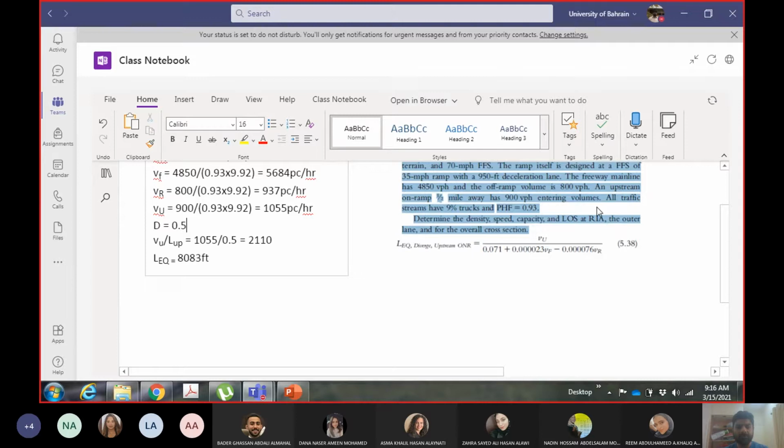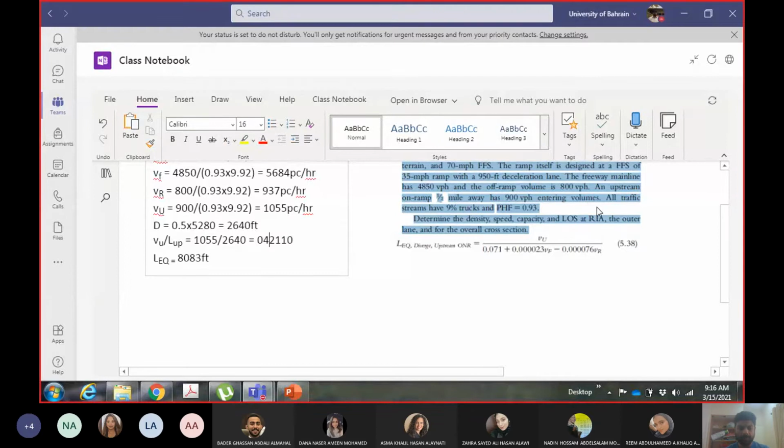So 0.5. How many feet are there in 1 mile? Anybody knows? 5280. So 5280 means this is how much? 2640, right? Okay, and if I do this with 2640, 0.4.